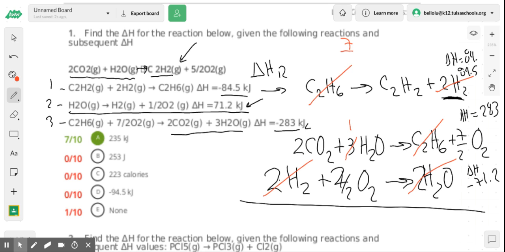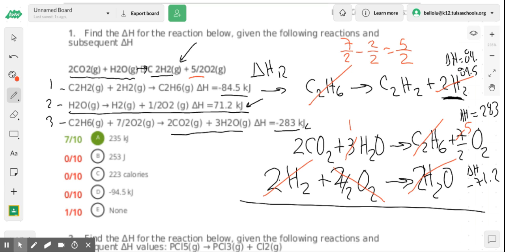The 2/2 oxygen I left as a fraction, so that will be easy to understand. If I have on the right 7/2 minus 2/2, that will be 5/2. So I cancel this 2/2 oxygen, and I will have 5/2, which is the same one I have in the final reaction.